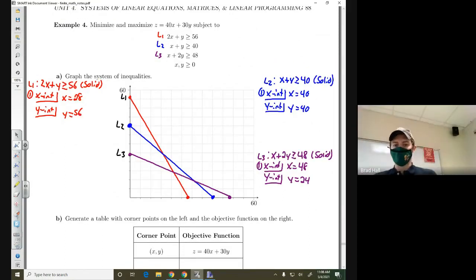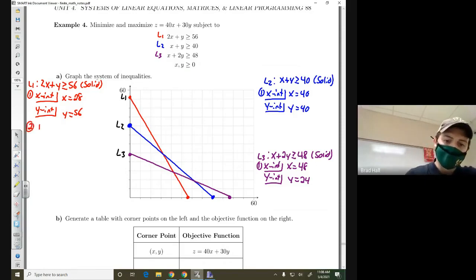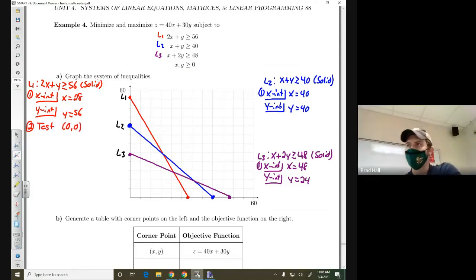So really from this part to conclude with the graphing of this, we need to shade a particular region. Now there are 1, 2, 3, 4, 5, 6, 7 regions going on here. We need to figure out which one we shade. So we need to test this for every single line, just like we did last time in class, and even, I believe, the time before. So we test 0, 0.